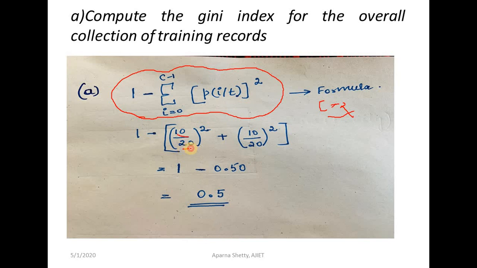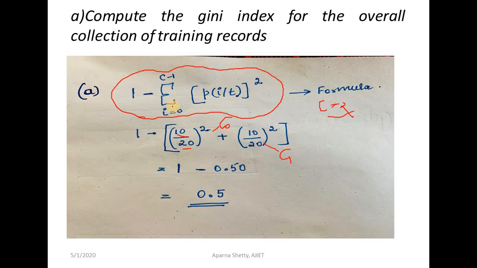So 10 divided by 20, the whole square, for class 0. Plus, for class 1, there are also 10 records, so 10 divided by 20, the whole square, for class 1.